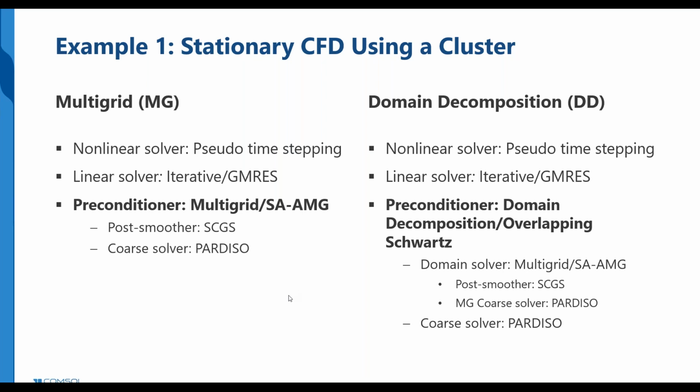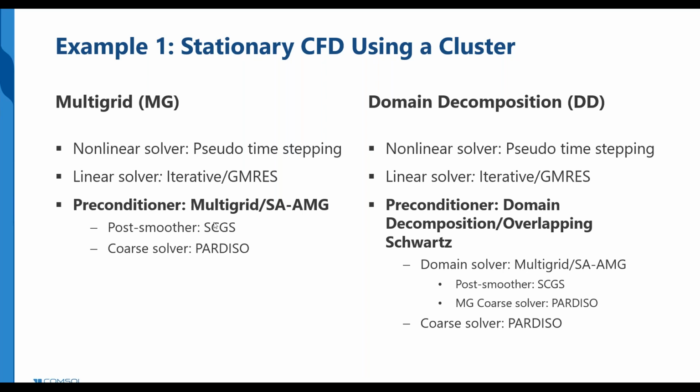First of all, multigrid with algebraic multigrid as preconditioner works really well. So that is already a good technology for multi-core computing, but it also works fairly well on a cluster. And then we have another technology that we worked on for a long time called domain decomposition, where the problem is split up in a little bit different way.